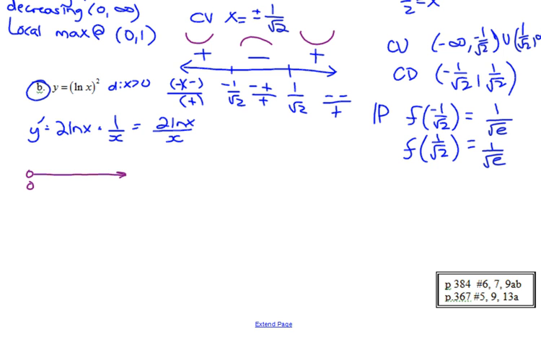So we ask ourselves, our critical values are, what makes something a critical value? What would make the denominator 0, or what would make the numerator 0? So could we put any value of x that would give us a 0? Natural log. Like if I put in 1, plug in 1.